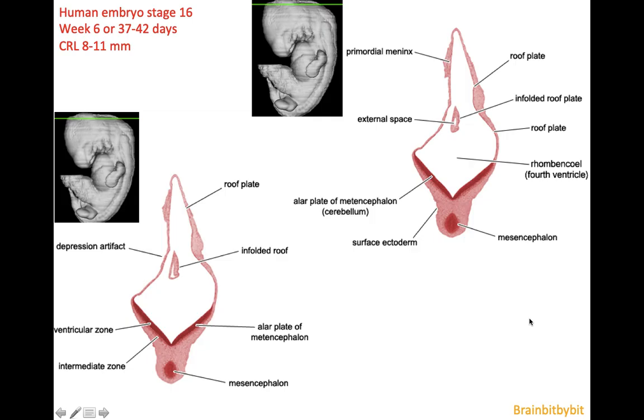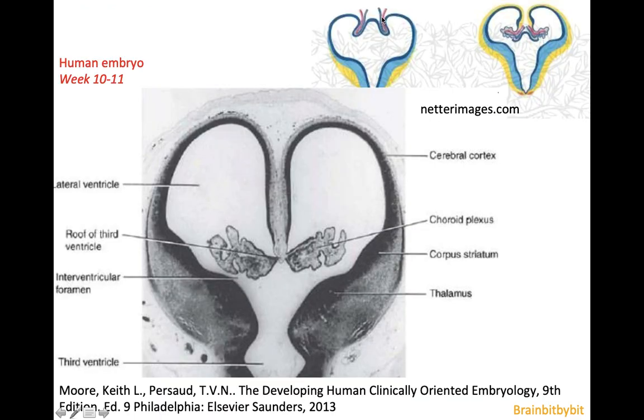So this roof plate was bordering the primitive endomeninx, and these are human specimens from a 6-week-old embryo. And you can see the infolded roof plate and the external space. And you can see how the roof plate infolds with the vessels and gives rise to the choroid plexus.